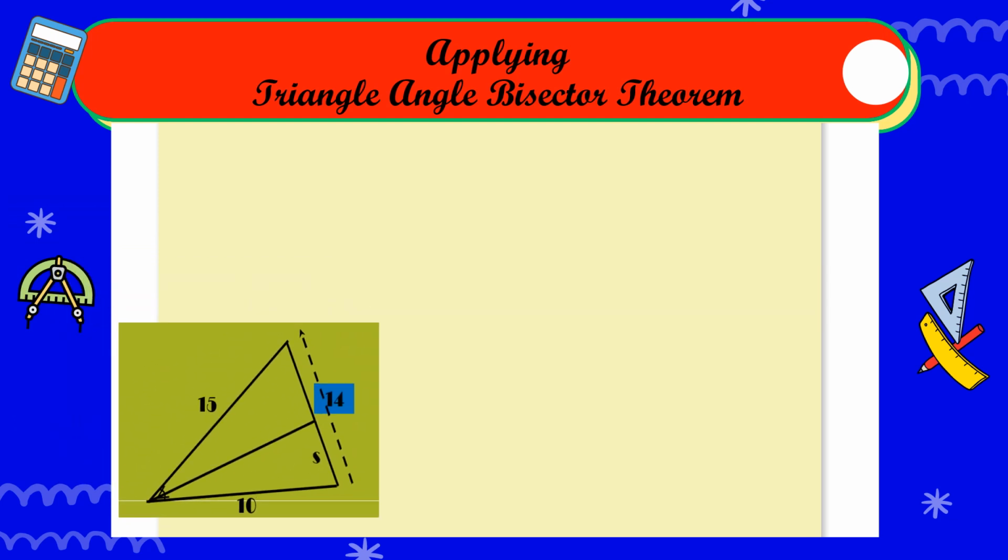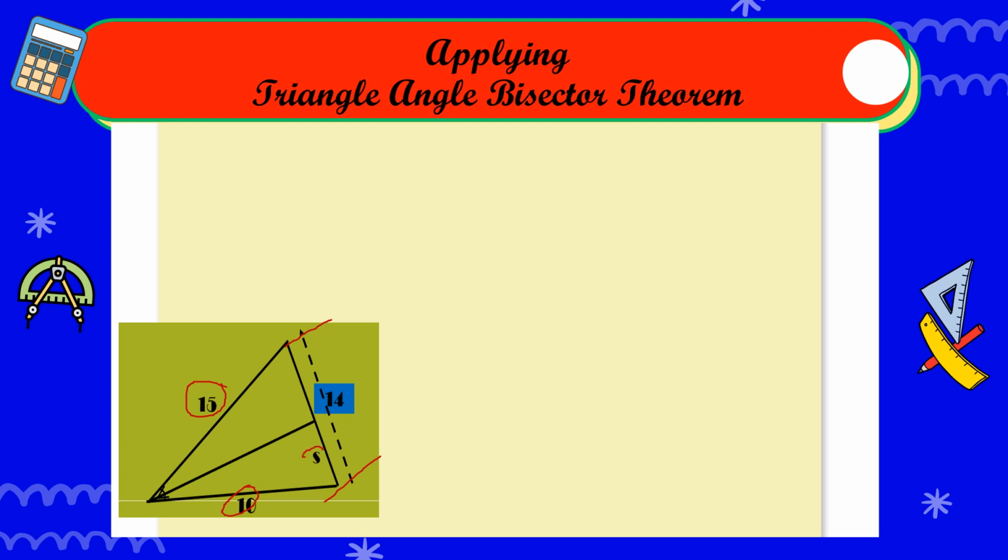So to find the scale factor, it's very clear that we can use 15 and 10. Pero para mas okay, we will have 10 over 15 as our scale factor. And we will have here, if this is 14 all, and this is s.